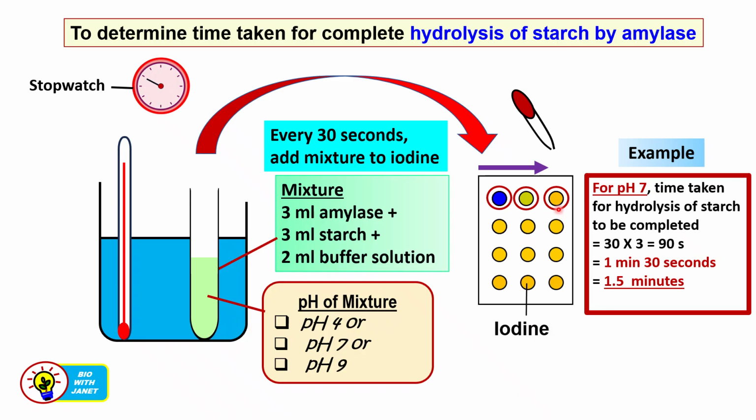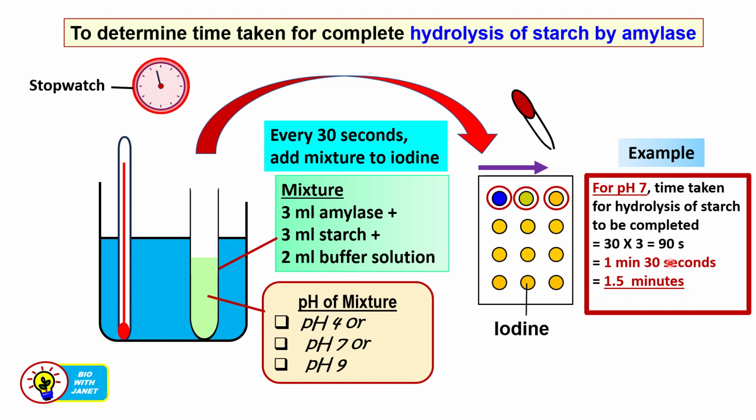So for pH 7, the time taken for the hydrolysis of starch to be completed is, now you must count the blue spot, and also the partially blue spot, and then finally the first time that the iodine solution remains brownish yellow. So it should be 3. 30 seconds times 3 equals 90 seconds, then divide by 60, you get 1 minute 30 seconds, which is equivalent to 1.5 minutes.